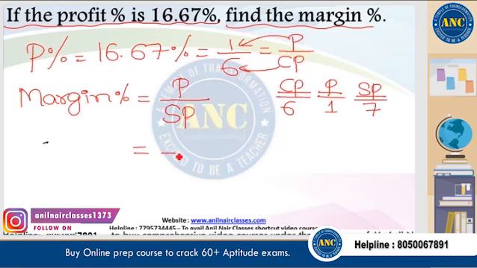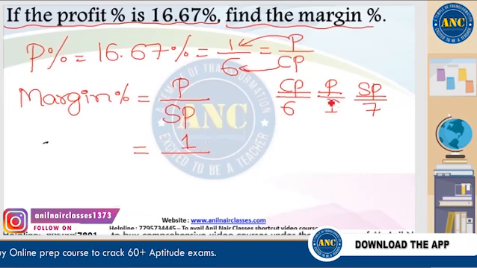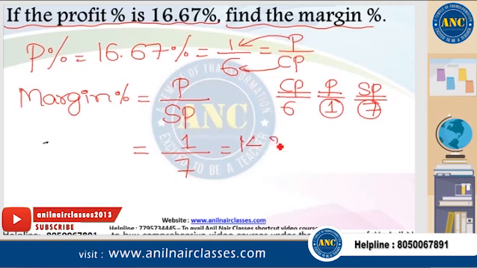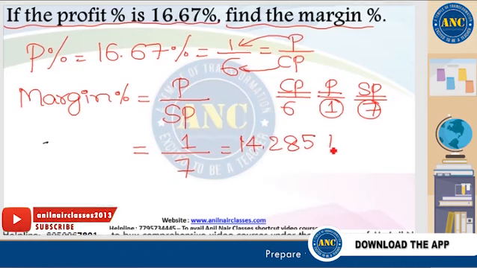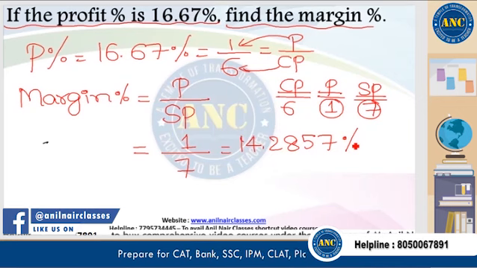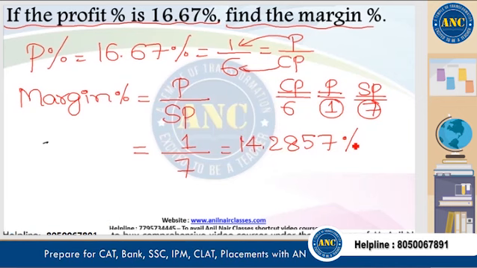That means profit is 1 rupee, selling price is 7 rupees. So margin percentage is 1 by 7, which is 14.2857%. Very easy to learn once you understand all the basics taught earlier.